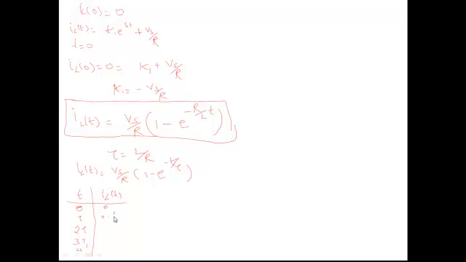This gives you 0.63 Vs by R. At 2 tau, you get 0.86 Vs by R. At 3 tau, you get 0.95 Vs by R. Similarly, at 4 tau and 5 tau, you get 0.98 Vs by R and 0.99 Vs by R. This means that at 5 times the time constant, you will get the maximum response, 0.99 times, which achieves the steady state.